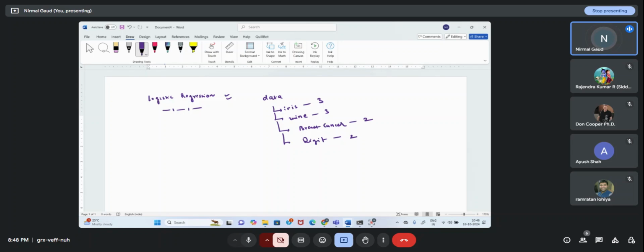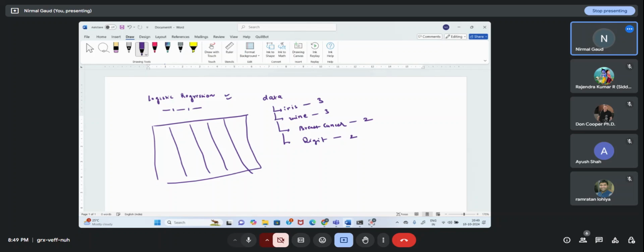Okay. And then what I did is, after training my model with the data, I took two features only for the training. For example, in the Iris dataset, you have four features: sepal length, sepal width, petal length, petal width.